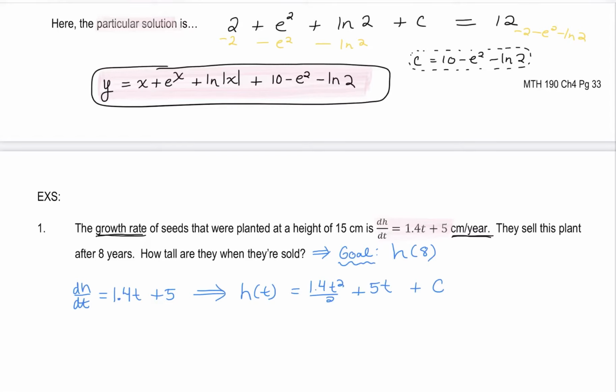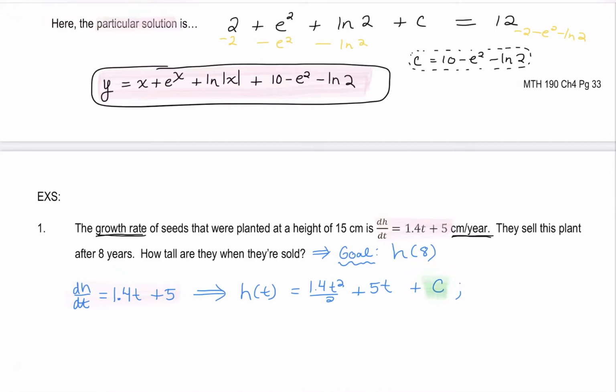That's crucial because I need to evaluate h of 8. I need to figure out what this c value is. We have this differential equation, and we can solve it for the general solution, but now I need to find what this c is.